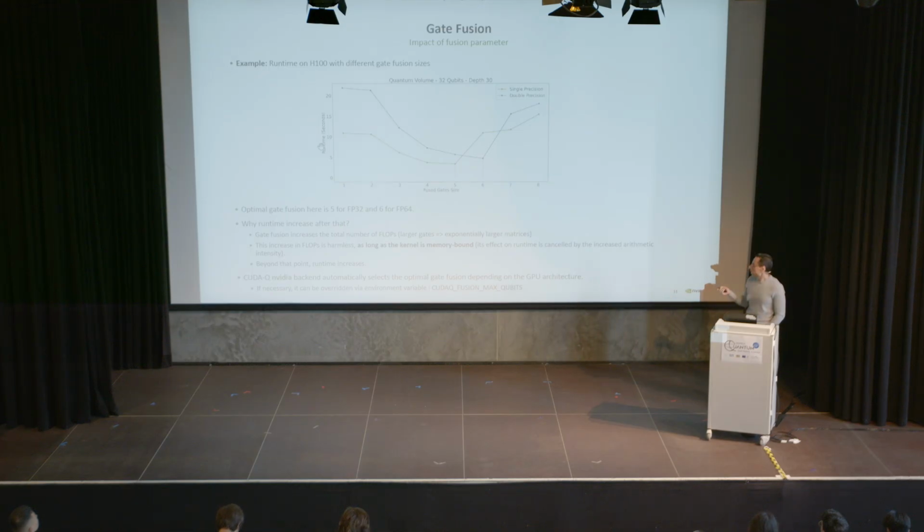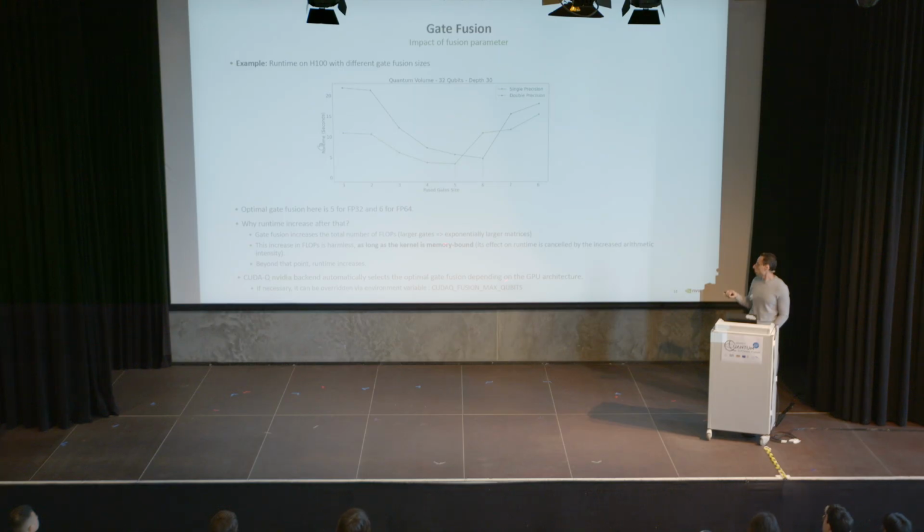The reason is that gate fusion also increases the total amount of flops that needs to be done because we have larger matrices. However, this increase in flops is not a problem at all as long as the computation remains memory bound. But once we are saturating the maximum flops of the GPU, then this increase in flops will increase the runtime.